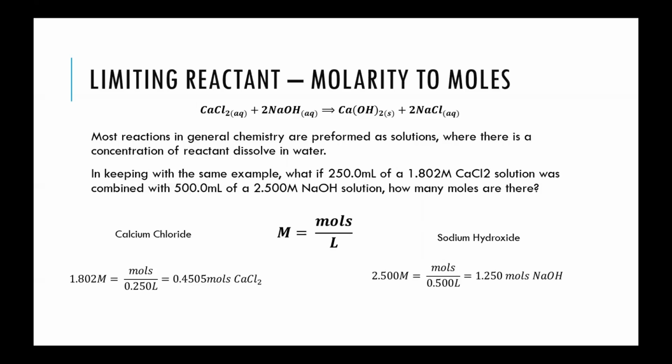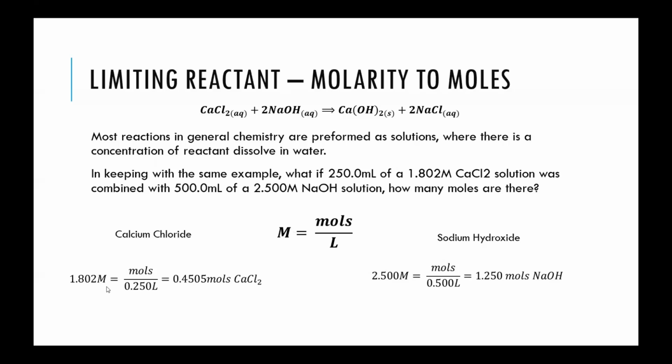And to do that, you're looking at the molarity equation. Molarity equals moles over liters. So to find the number of moles, you will multiply both sides by liters, by the volume, and that will equal the number of moles. So the molarity times the volume in liters gives the number of moles.